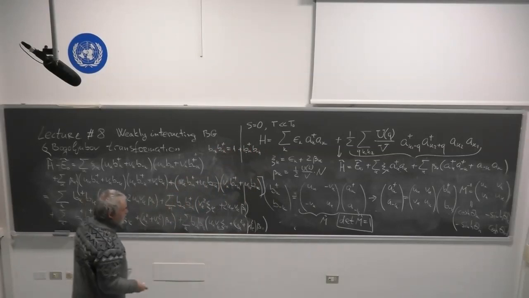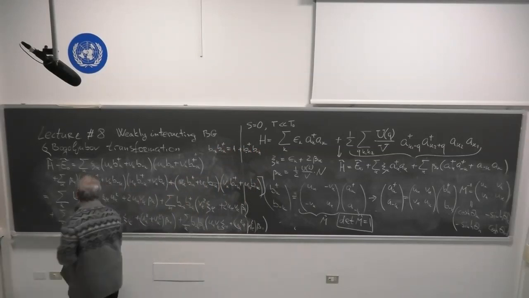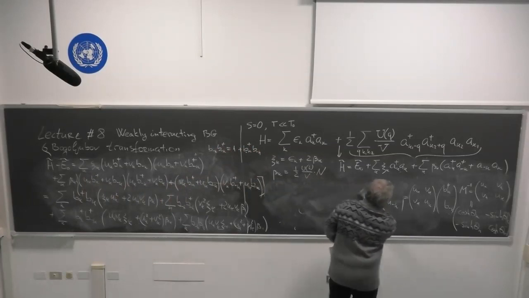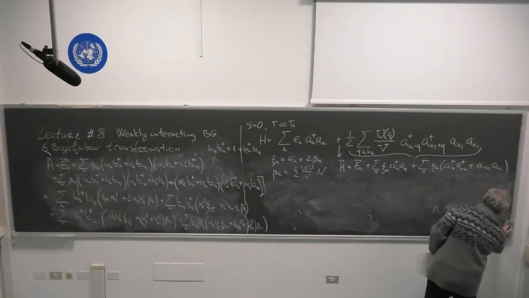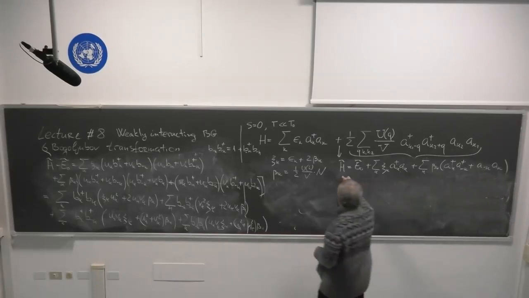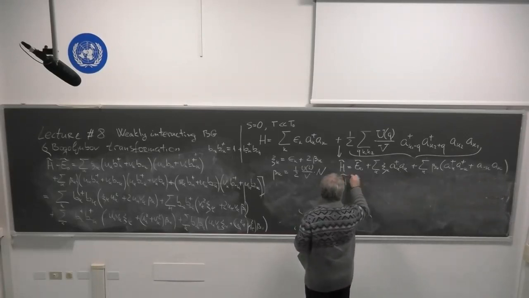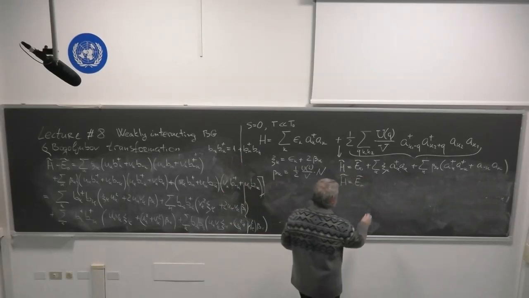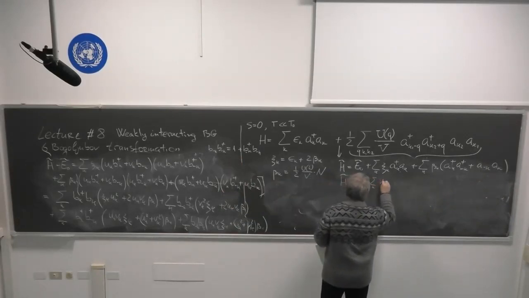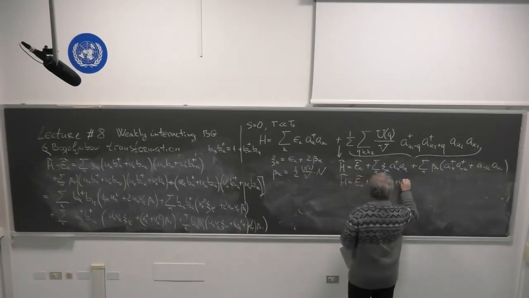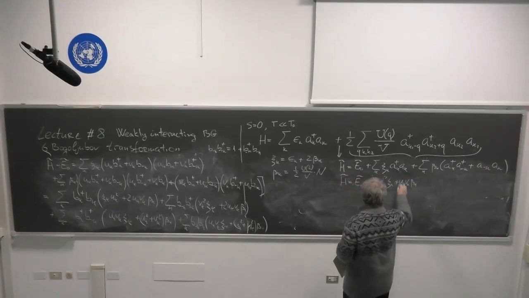Okay, so therefore, I'm collecting everything. H is equal to E node tilde, plus from this one a term which is also constant, plus sum over K, VK squared psi K plus UK VK beta K, twice.